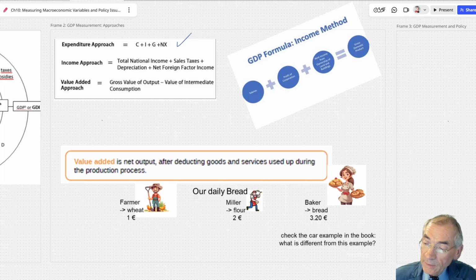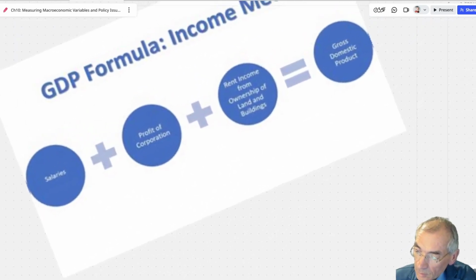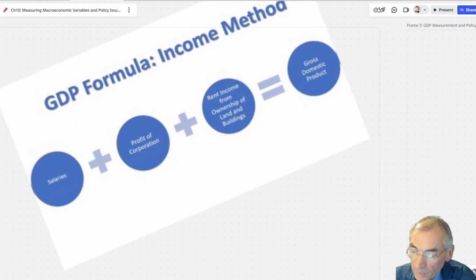The second one is the very example that we have been looking at a minute ago, because it's looking at the income. So what is it that at the end finds the way into our pockets?